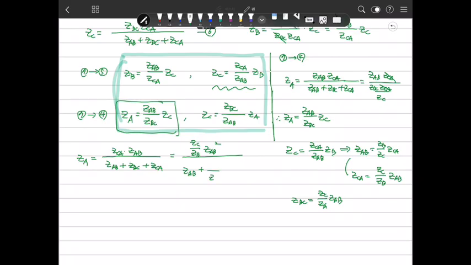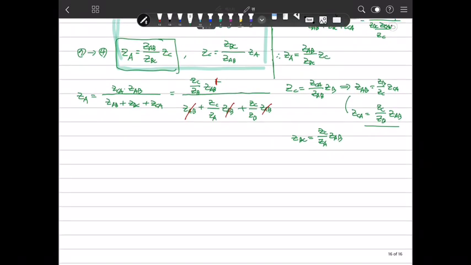Therefore, there is GA, GC, GAB, and plus GCA is the same thing, GB, GC, GAB. So we can eliminate GAB, GB in this manner.